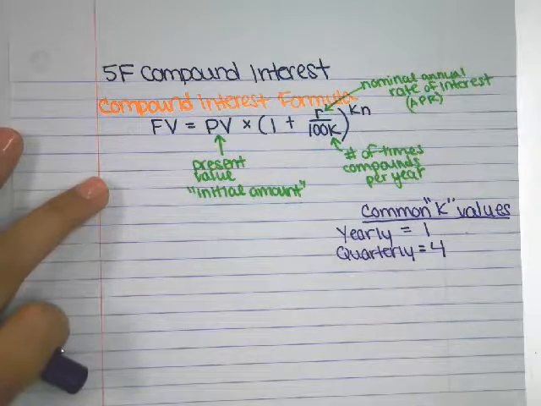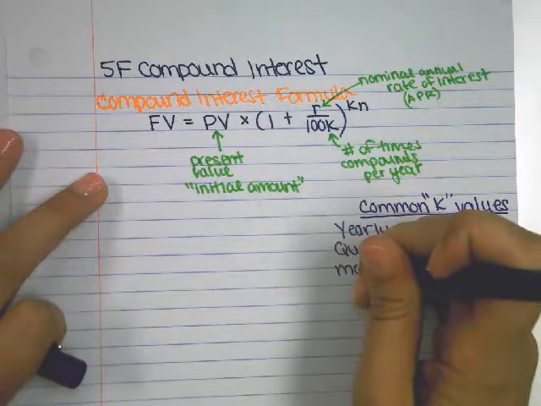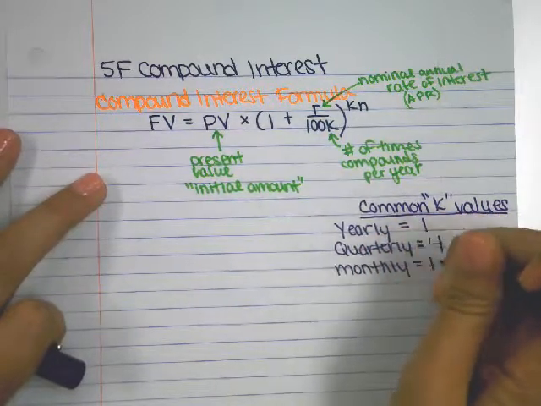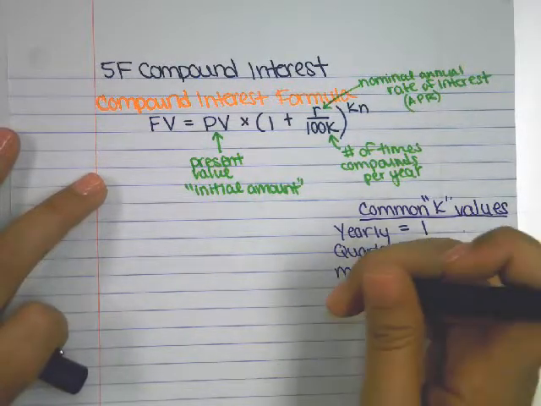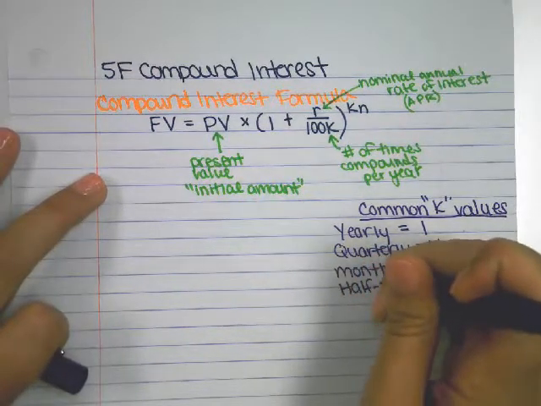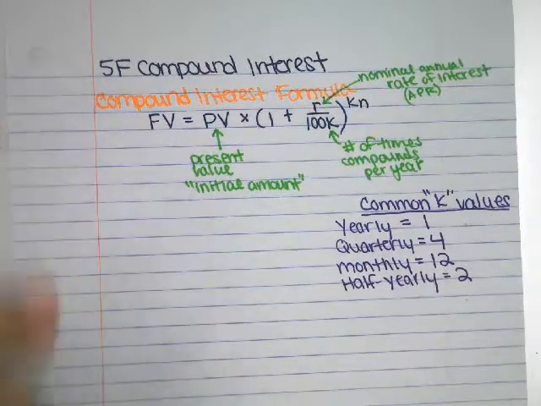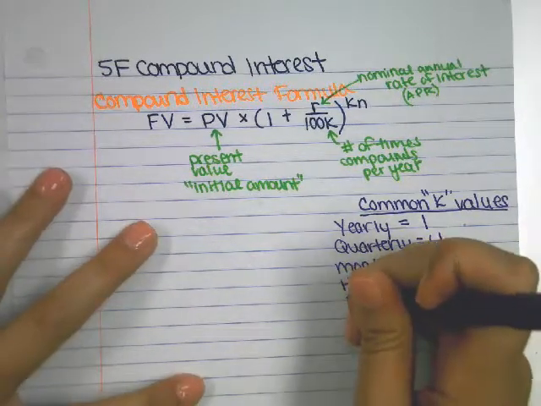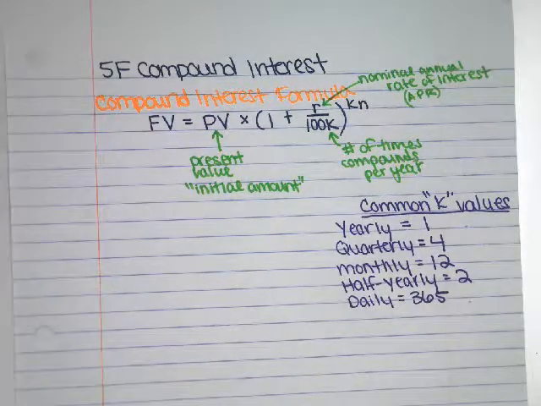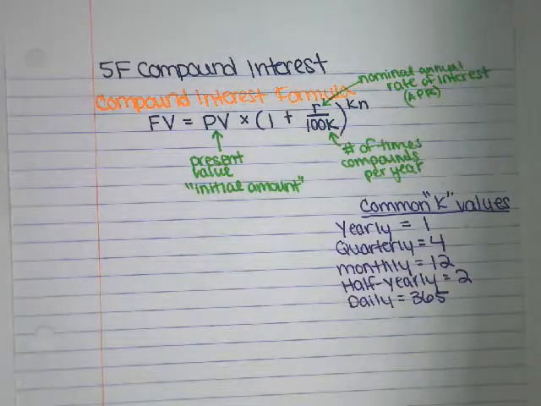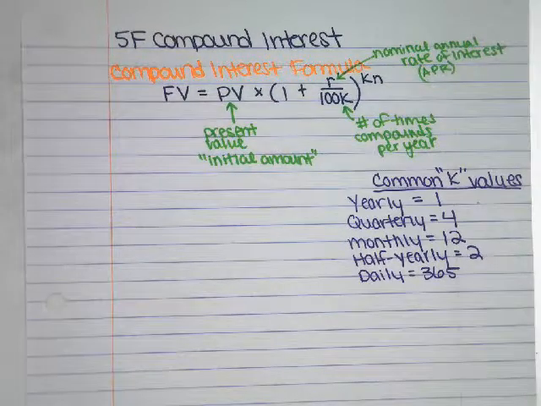That'd be like each season, I guess. So if they say it's compounded quarterly, that happens 4 times a year. Monthly, there's of course 12 months in a year, so monthly is going to compound 12 times. Half yearly, which I think is a funny way of saying that, will be twice in a year. Daily, 365. So those are some common K values that you might see. There could be others, so just process through what they tell you and think, okay, how many times would that be in a year?